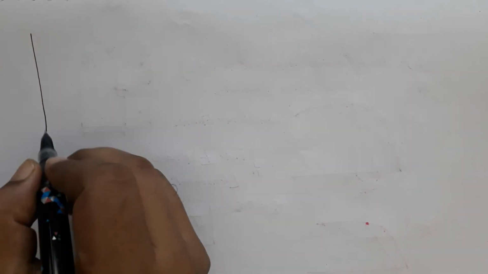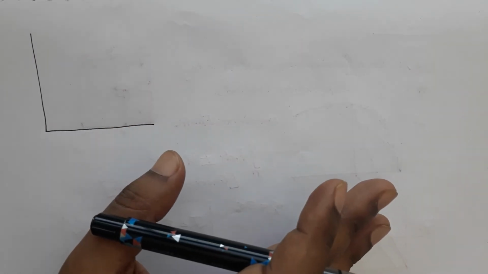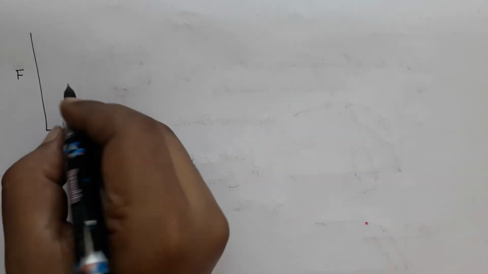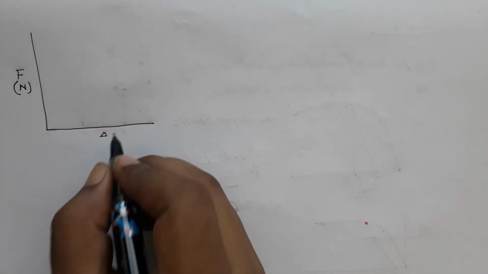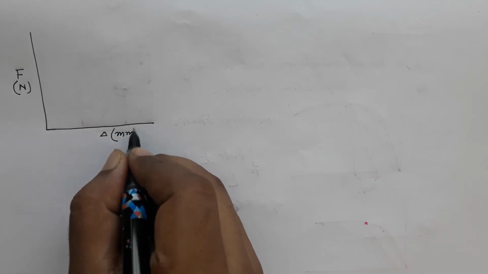So if we do the experiment, as we have discussed before, in the same machine, we have discussed the specimen, how they are loaded, and how we get the information. So, what information you basically get from a fracture mechanics test is the force, which is usually in Newton, you can put it in kilonewton or whatever, and displacement in millimeters.